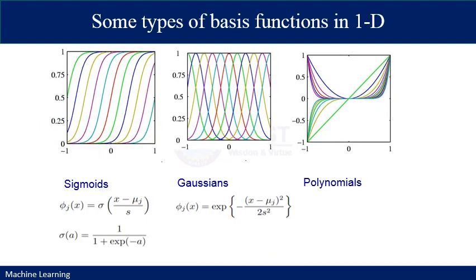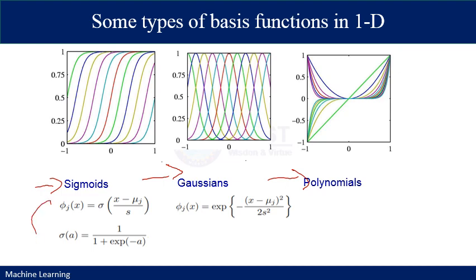You can find different methods or different basis functions to capture the complexity of your model or the data. Typical examples are using a sigmoid function, a Gaussian function, or some polynomial expression. You have seen the polynomial expression in the previous slide.